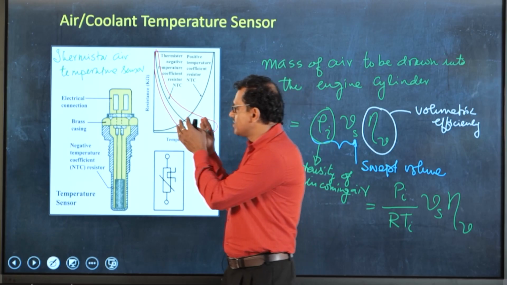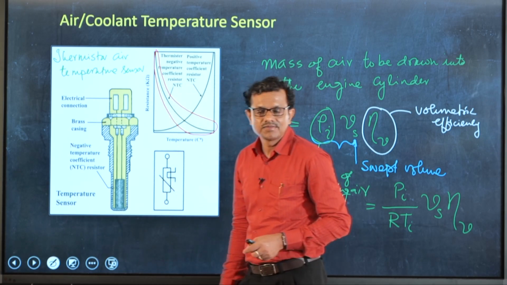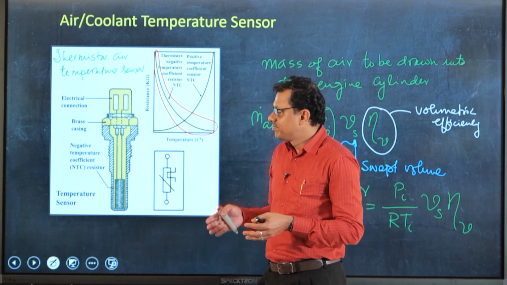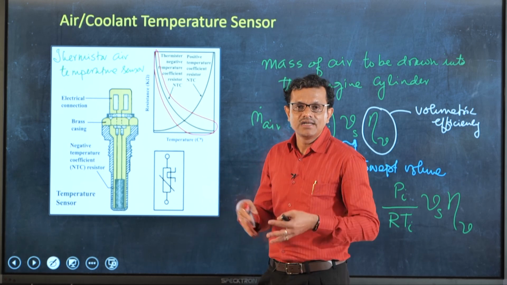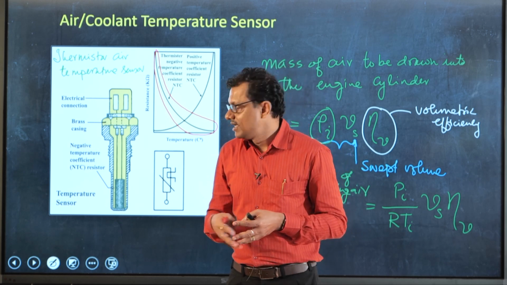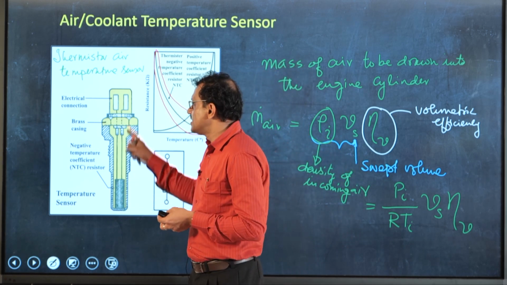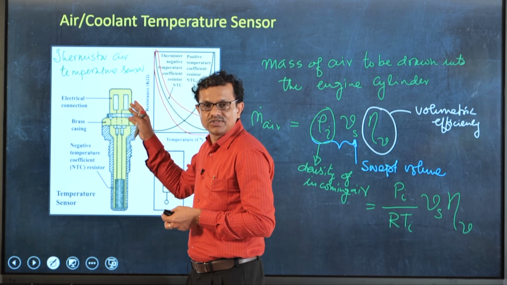So, this particular semiconductor resistance is incorporated in this sensor, and when there is a change in ambient air temperature, this sensor is responsible for measuring the temperature and providing some output signal.